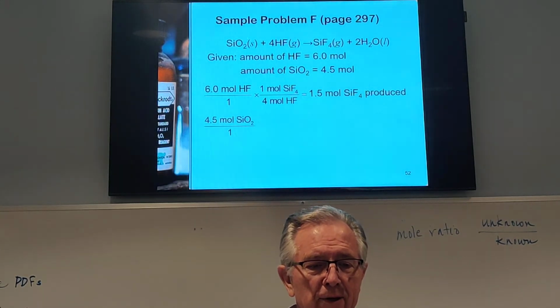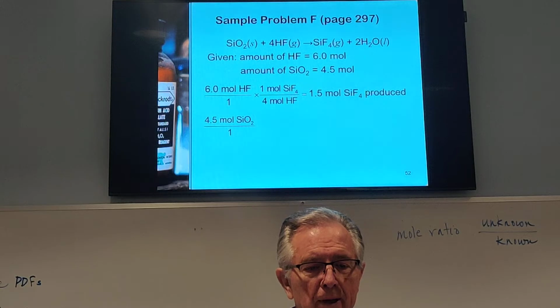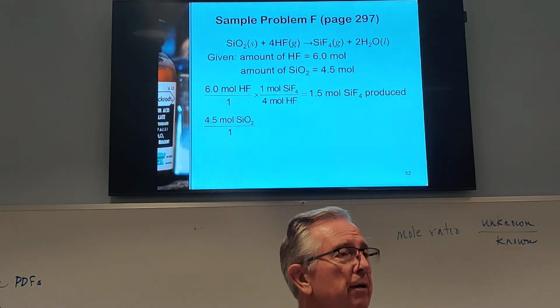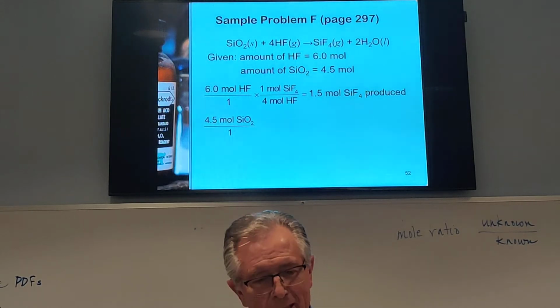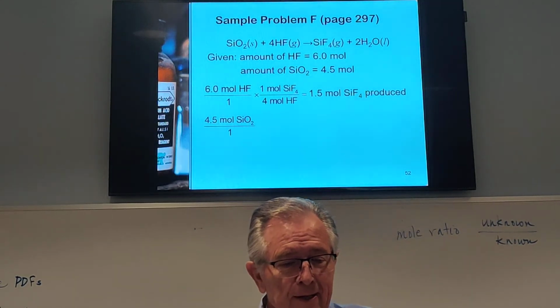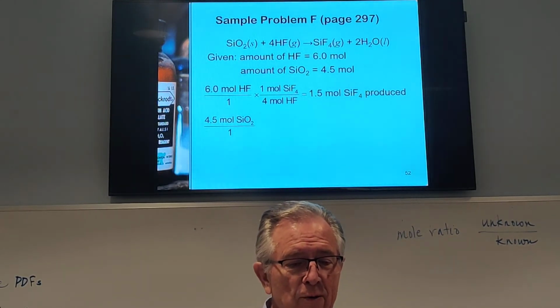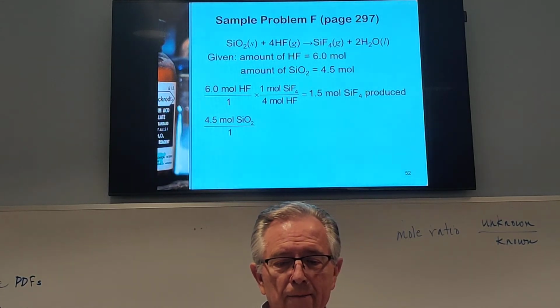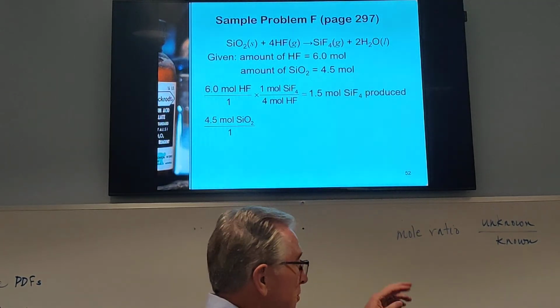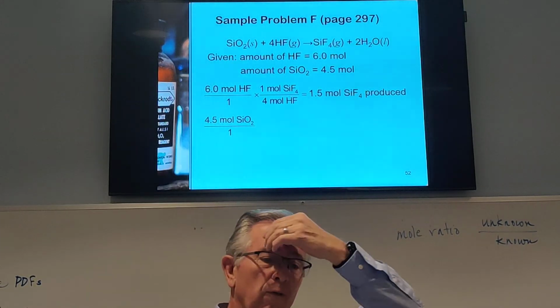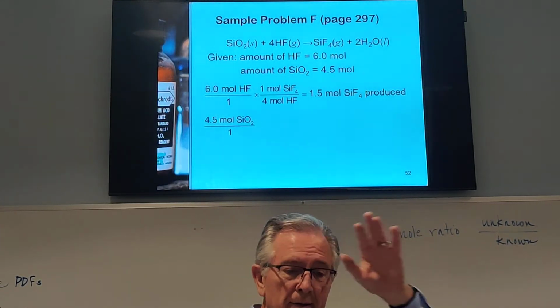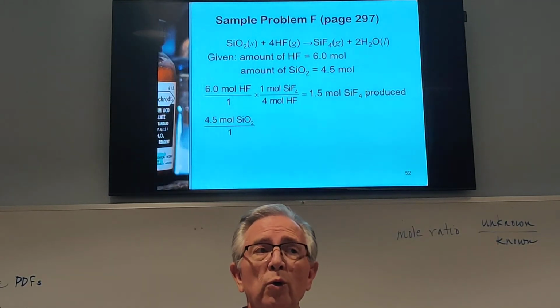Now let's start with the other reactant. I'm not sure why we did it in this order, why we didn't start out with SiO2 to begin with. But if I start with this one, my unknown is still the same one, right? Because I picked it. SiF4 is going to be on the top, and this time I'm going to have SiO2 on the bottom.